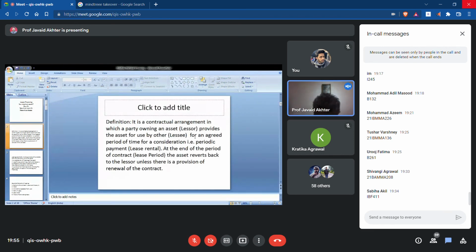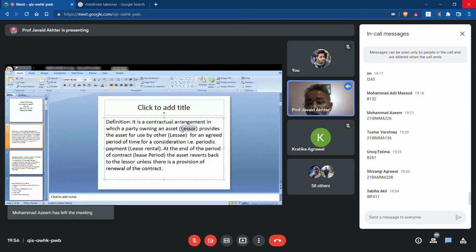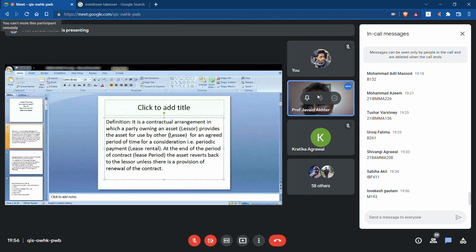Before I explain the mathematical part, a very small, very brief theory. There are parties in lease. One party is known as lessor, written as lesser but pronounced as lessor. So the person who finances this is known as lessor. Lessee is the person who gets the asset on lease.